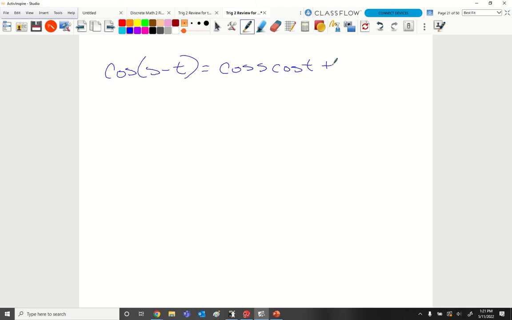The top of the back. There you go, top of the back. So please actually look at it because I did modify the reference sheet to actually have some of these other things that we use. So I'm hoping you guys are following along and actually finding it there. It is there. So it's cosine s, cosine t plus sine of s, sine of t.